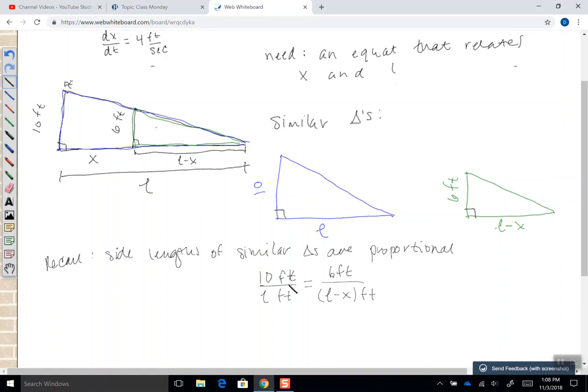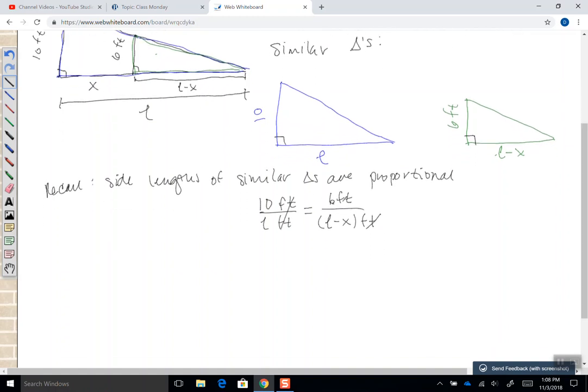We should see here that the units all divide out to 1, so I'm really just trying to solve for the variables right now. When I do so, I can cross multiply each piece. So I'd have 10 times L minus X equaling 6 times L. From here, I'm going to distribute my 10 through.